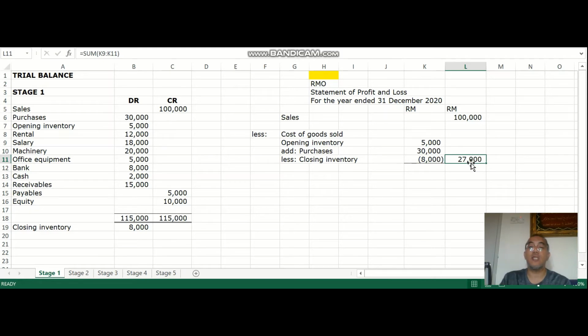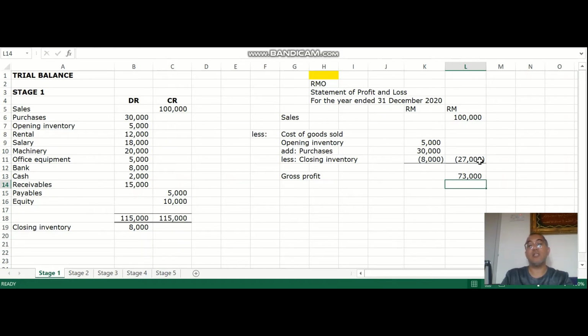Because I'm using Excel and this is a less item, I need to multiply with negative 1, because I want to make it negative, since it is 100,000 sales minus my cost of goods sold. So I shall get my gross profit of 73,000.